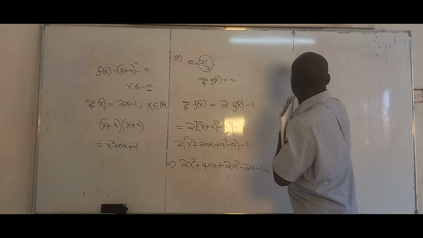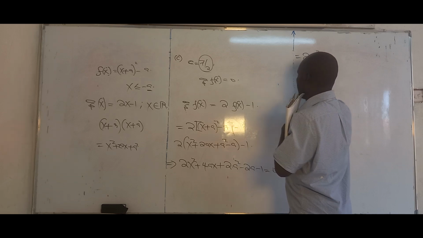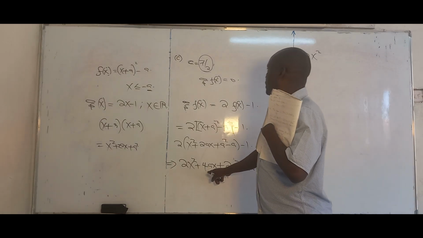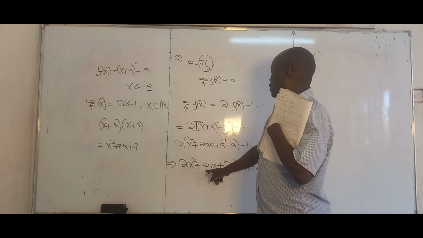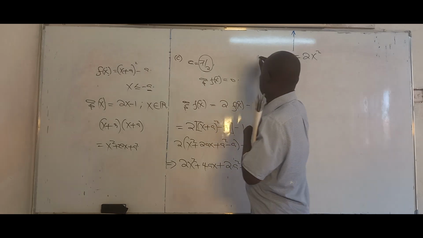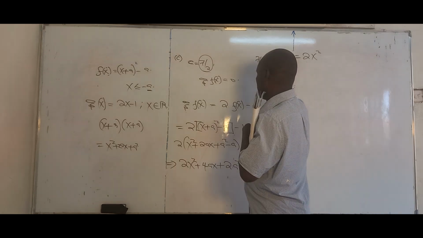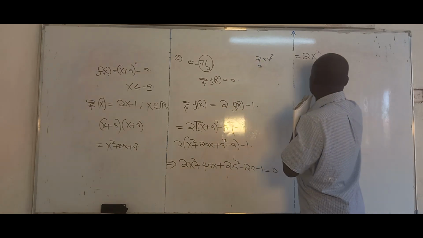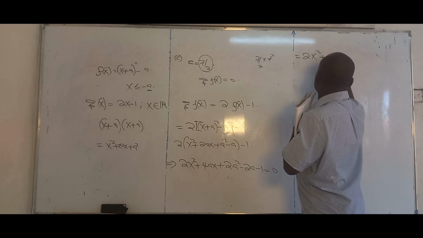In that case, I'll be having 2x squared plus 4 times 7 over 2, that is 7 over 2 times 4. That's 14. So it's plus 14x.